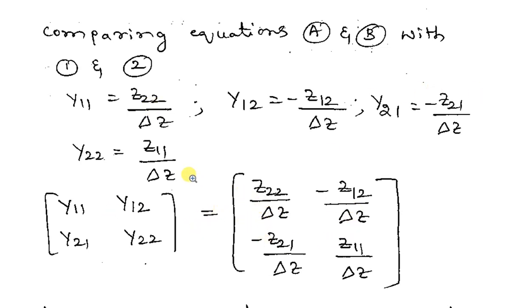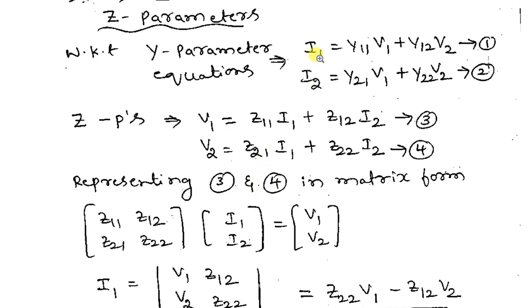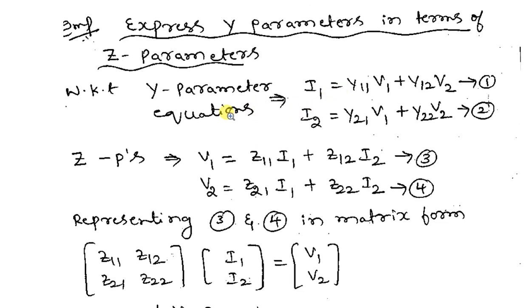Only for converting Z to Y or Y to Z do we use Cramer's rule. Please remember, this is an important note: in all other conversions, other than Y to Z and Z to Y, I1, V1 and V2 are the variables in one equation, and I2, V1, V2 in the other. Only two are matching when you compare equations 1 and 2 with 3 and 4.